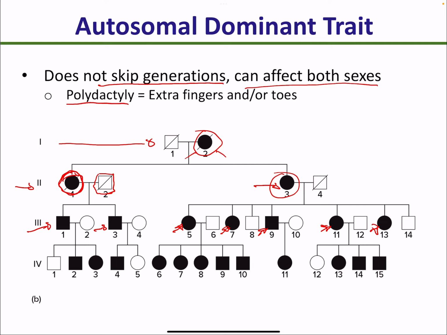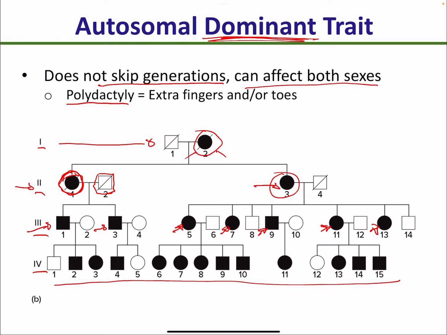And when we go down in the next generation, we also have a number of children that are affected. So this is how dominant traits can be present in the next generations. So you see that from 1, 2, 3, 4 lines, in all generations, they are affected individuals.